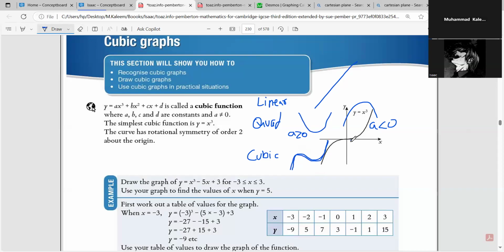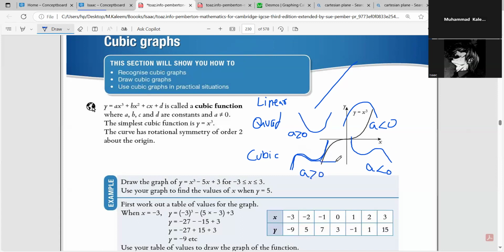Its graph is also like this sometimes. Guess when its graph is like this. Negative? Yes, when its leading coefficient is negative. And its graph will be like the other when the leading coefficient is positive.